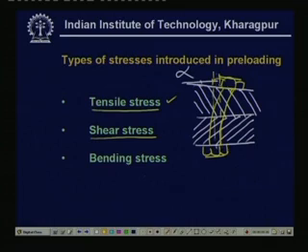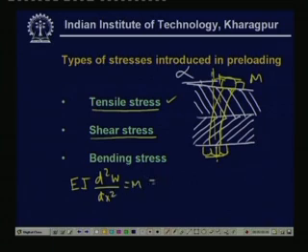What will be that bending stress? Let us calculate. Suppose the bending moment is M, and this angle here is alpha. So therefore we have this famous relationship, EI d²w/dx² equals M, which on double integration gives EI w equals Mx²/2 plus c1x plus c2, where we measure x from this point.